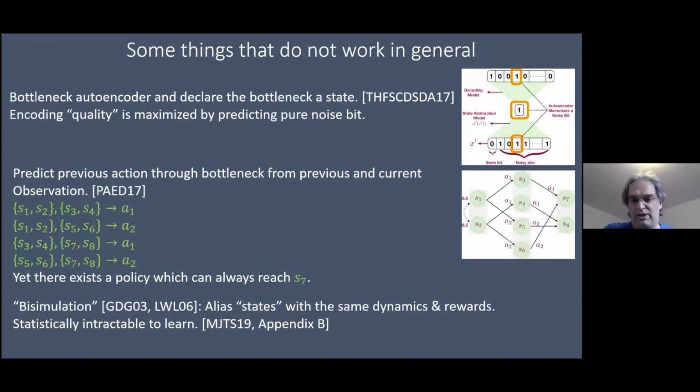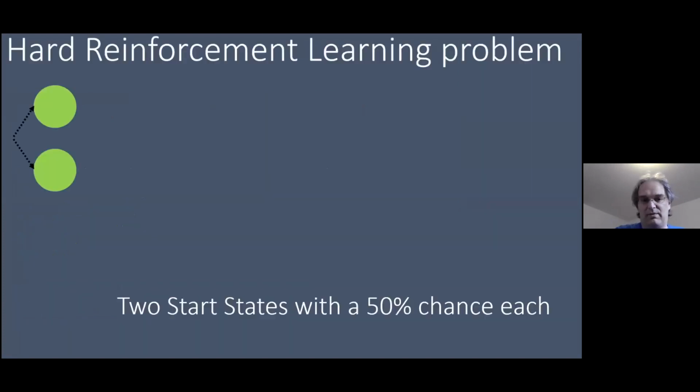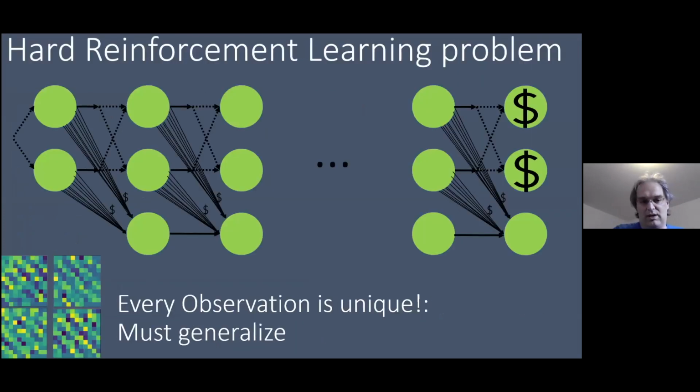So if we're thinking of our state as being an observation in the sense that I'm talking about here, it takes forever. You have to get an enormous number of samples in order to be sure that two different observations are the same.